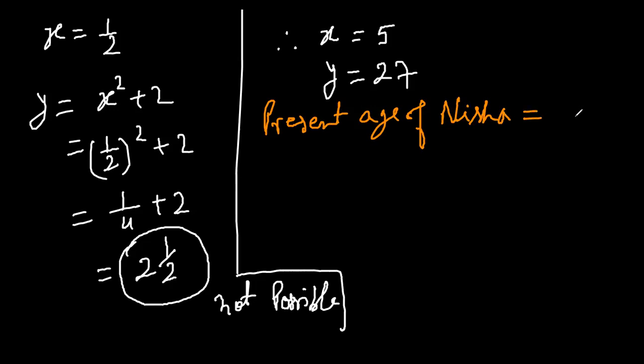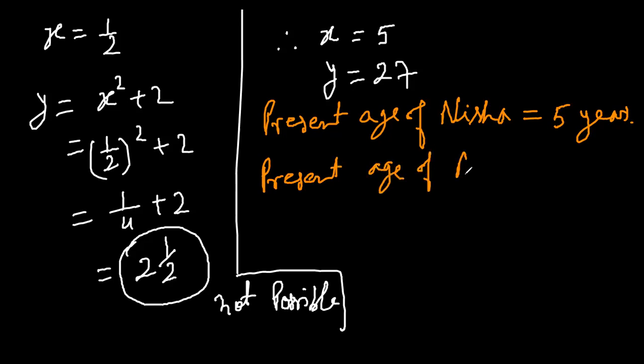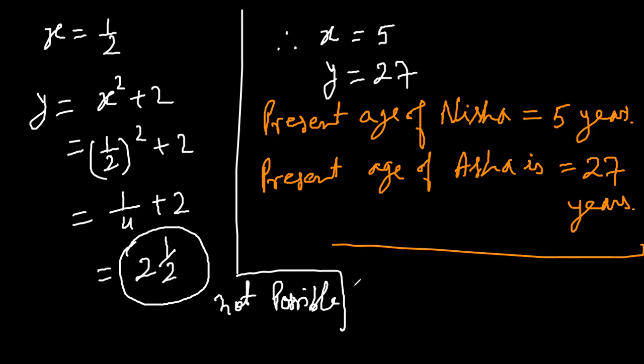Starting and finish should be well written. 5 years and present age of Asha. Asha is, it was x squared plus 2, no? 27. We have got up there, 27 years.